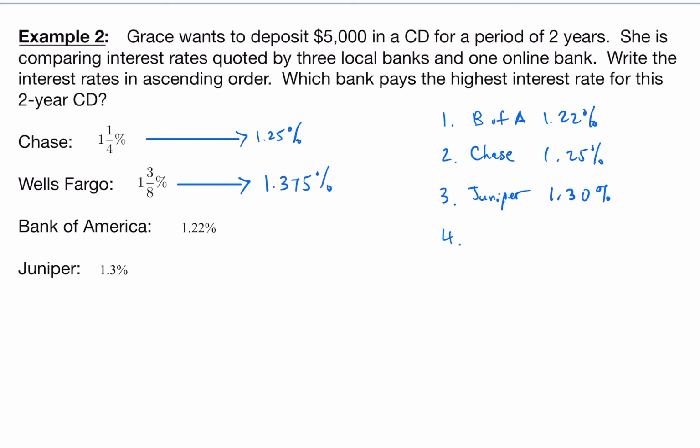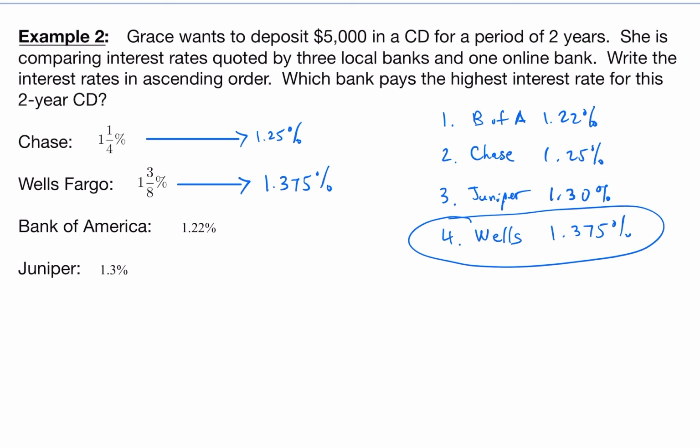I'm going to call it 1.30%, so we have the same number of places after the decimal. And then the last one is Wells Fargo. Okay, we'll call that Wells. And they are paying 1.375%. Okay, so we've got this in ascending order: 1.22, 25, 30, 375. And so obviously, the bank that pays the highest interest is Wells Fargo.